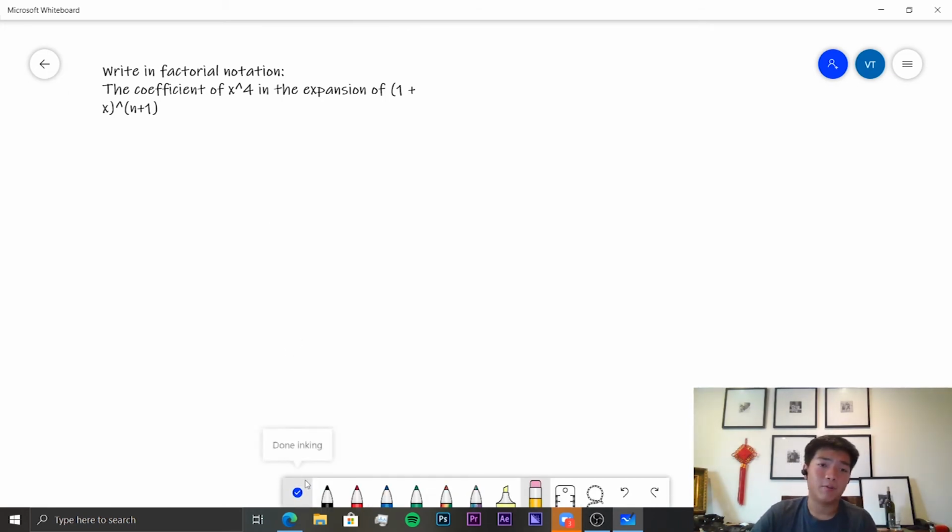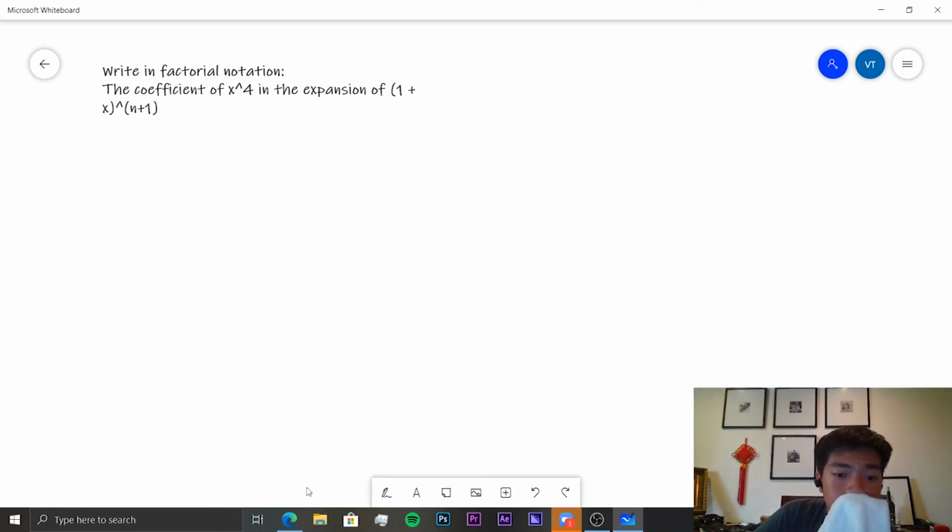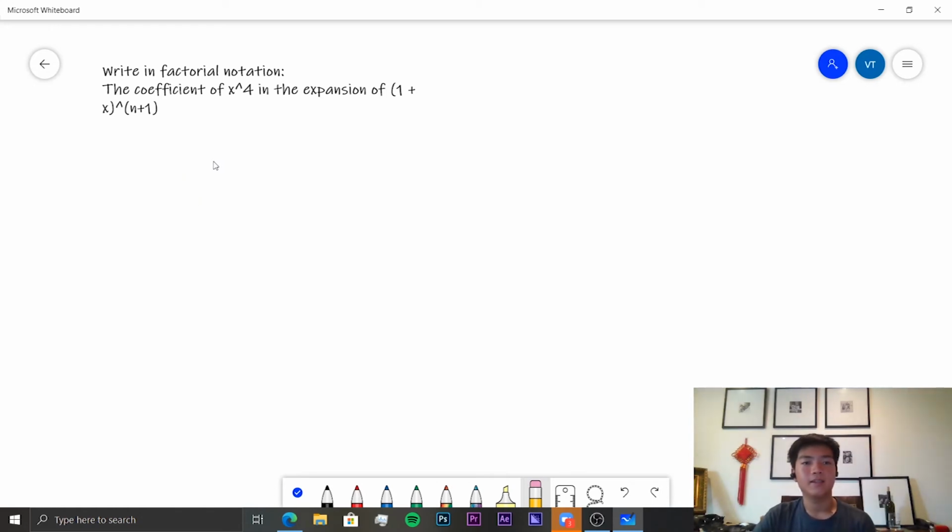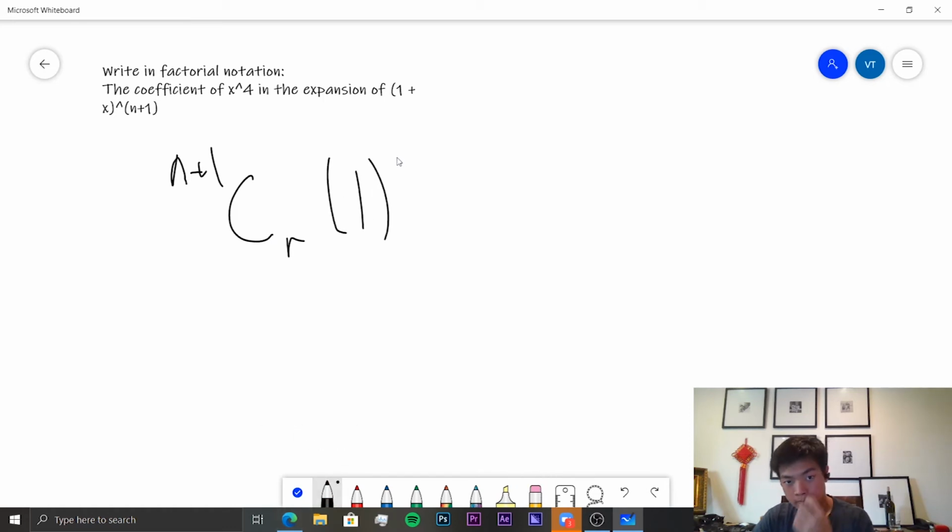So in the expansion of 1 plus x to the n plus 1, well, let's see. We have n plus 1 choose r times 1 to the n minus r, times x to the r.